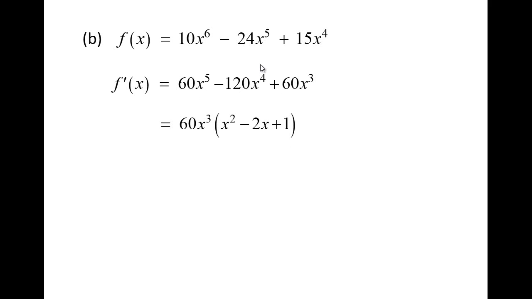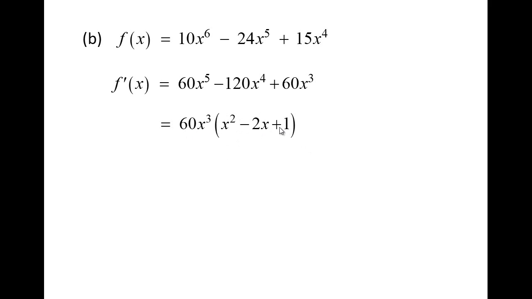Now we are factoring out x cubed, so that means we have to multiply each term by x to the negative 3. So if I multiply this with x to the negative 3, we get x to the 5 minus 3, which is 2. If we multiply this by x to the negative 3, we get x to the 1. Multiply this one by x to the negative 3, we get x to the 0, which is 1. So if we factor out 60x cubed, we end up with x squared minus 2x plus 1.